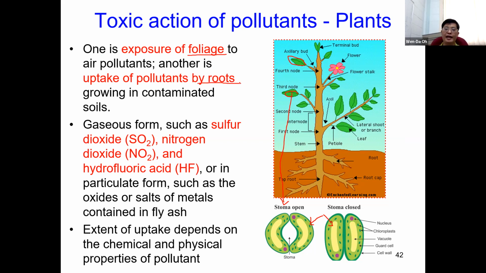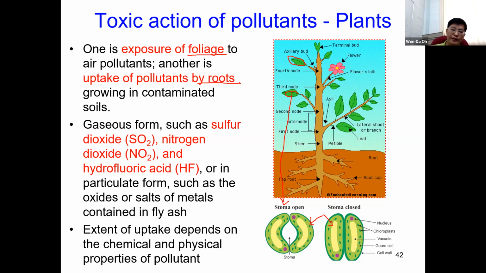Sometimes gases like sulfur dioxide, nitrogen dioxide, and hydrofluoric acid, these are just examples, can enter into the stoma and cause harm to the plants. It can cause either acute or chronic effects to the plant.